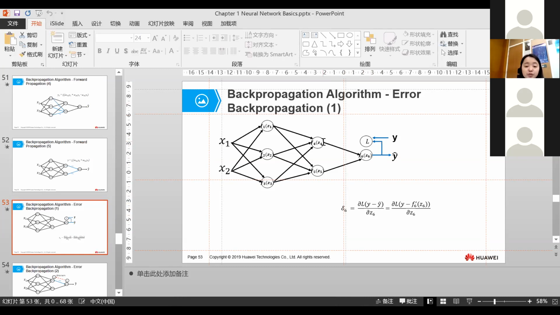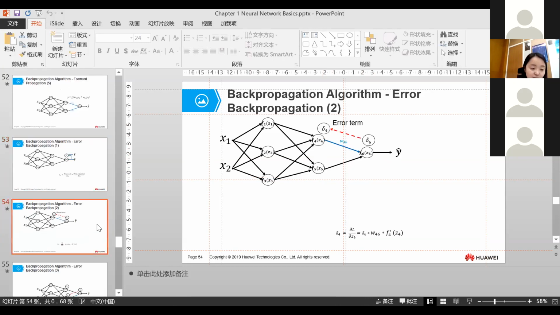We will use the backpropagation algorithm to backpropagate the error L to every neuron. That means how much error this neuron generates, and how much error will be generated here and here.